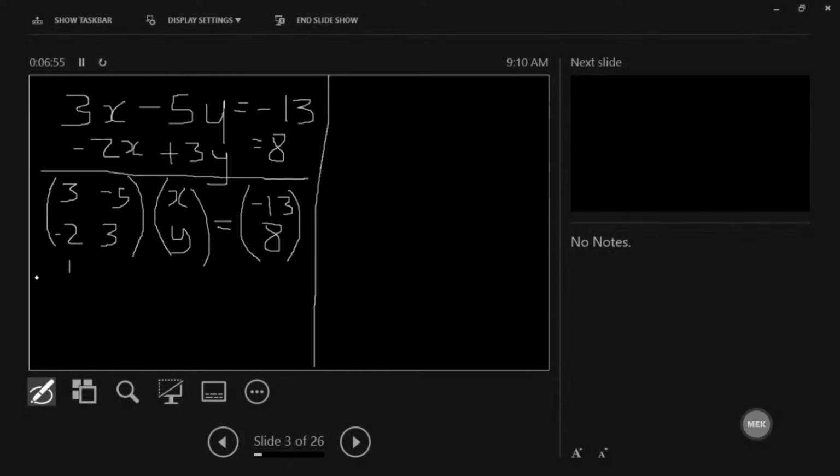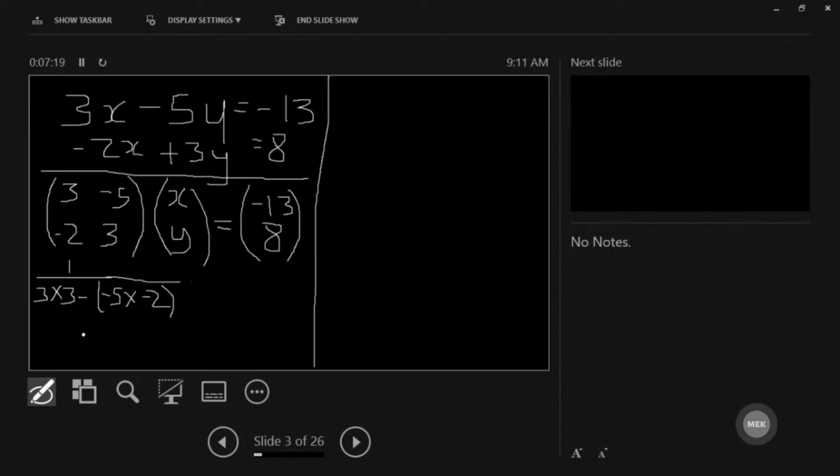So that will be 1 over 3 times 3, 1 over the determinant. So A times D minus B times C, that's the determinant. So minus B, which is negative 5, times C, which is negative 2.